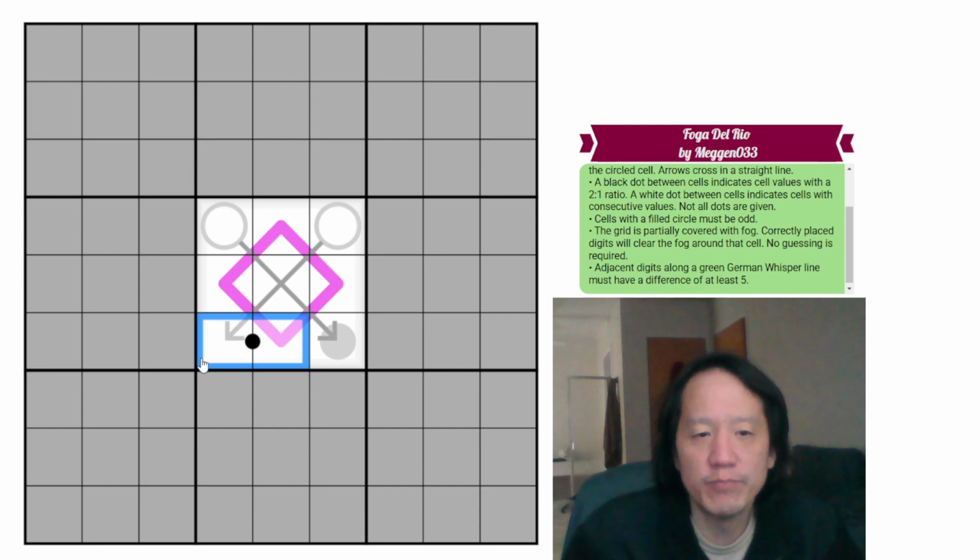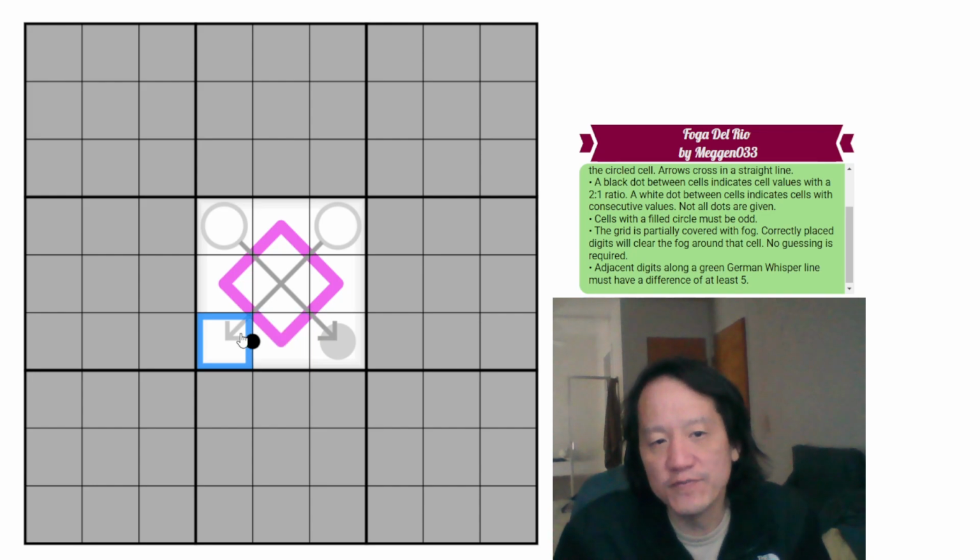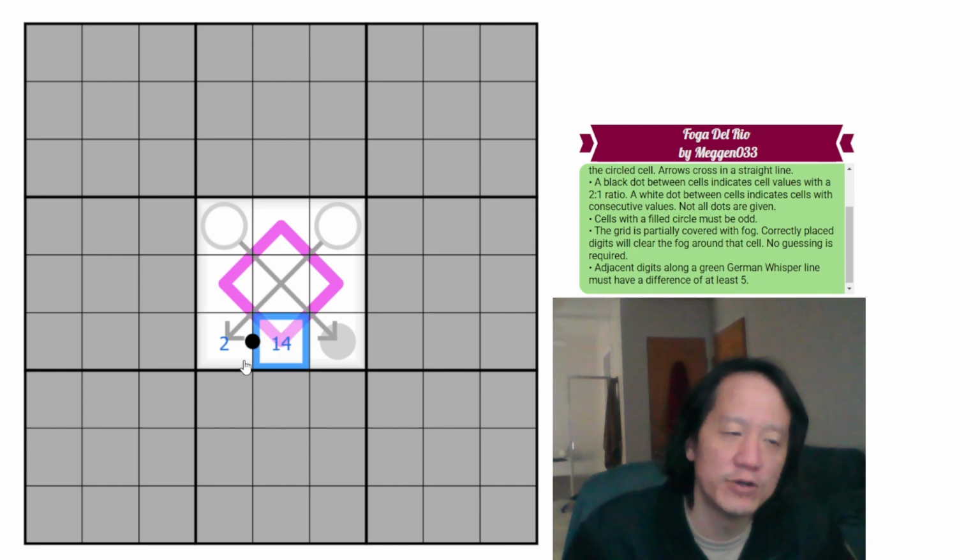Sorry, black dots in between cells indicate that there's a 1-to-2 ratio between the cells. So if this were a 2, this would have to be a 1 or 4 to maintain the 1-to-2 ratio.